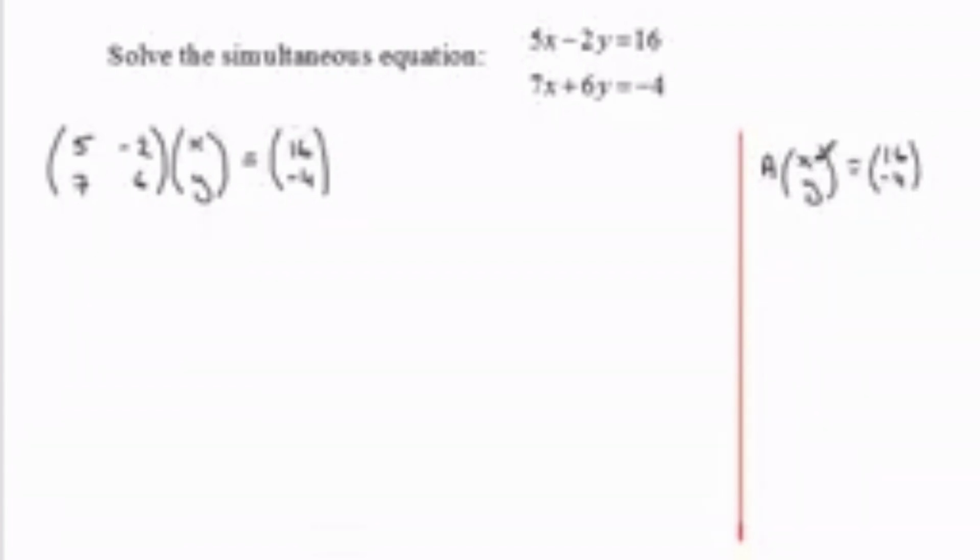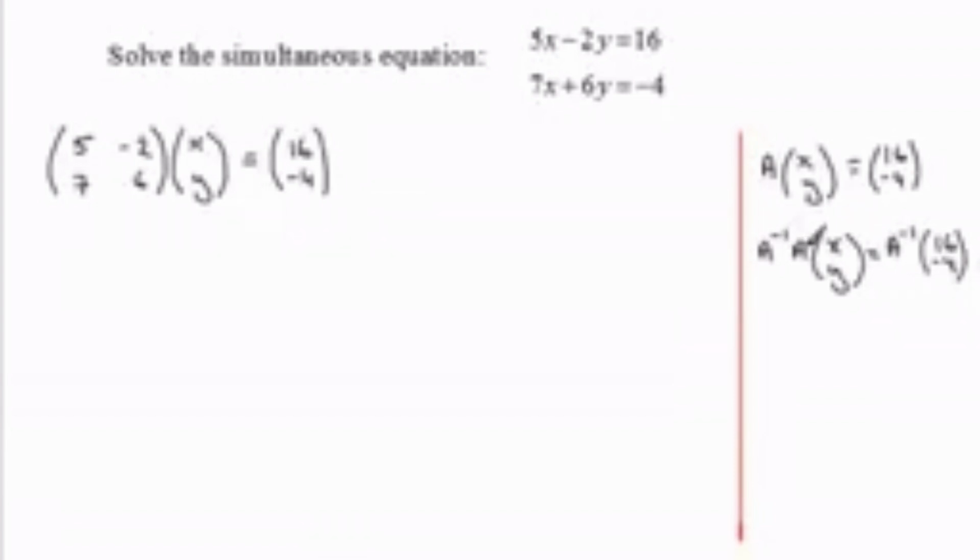Now to solve this equation to get xy, what we need to do is multiply both sides on the left by the inverse of the matrix A. In other words, A minus 1 multiplied by A, multiplied by x times y, would give us the inverse of A multiplied by 16 minus 4.